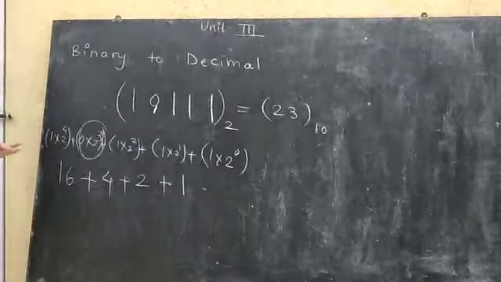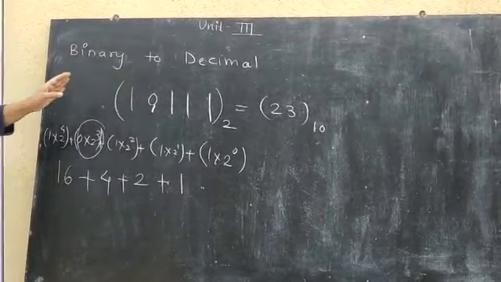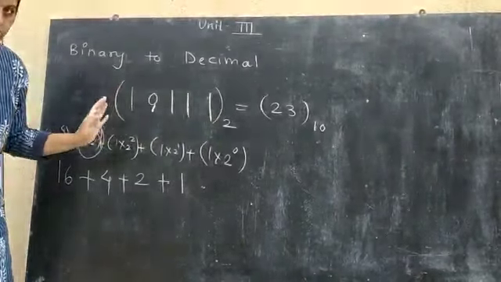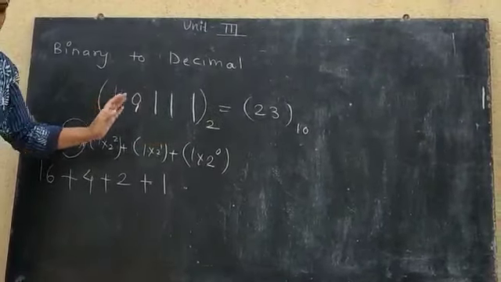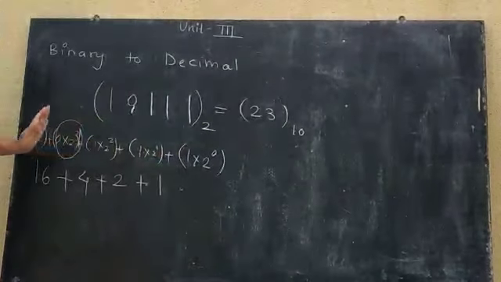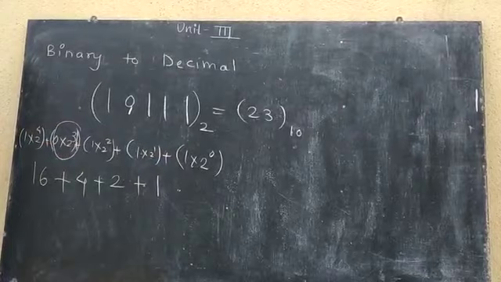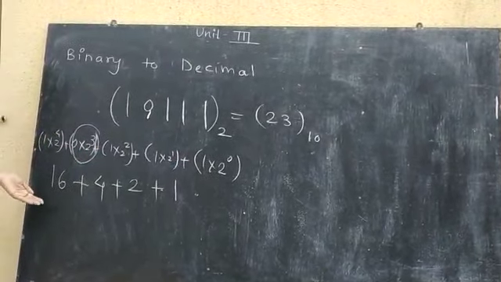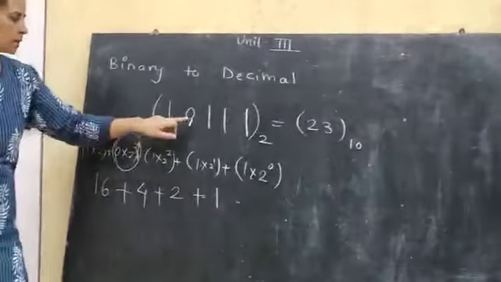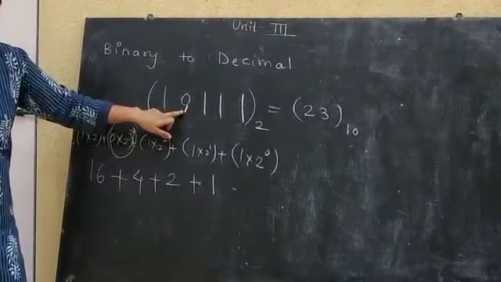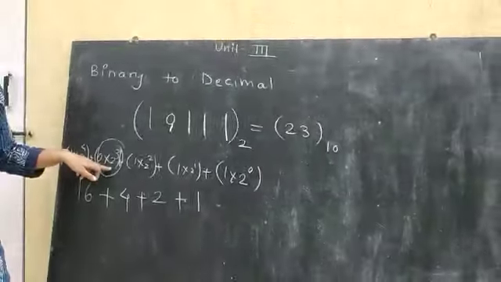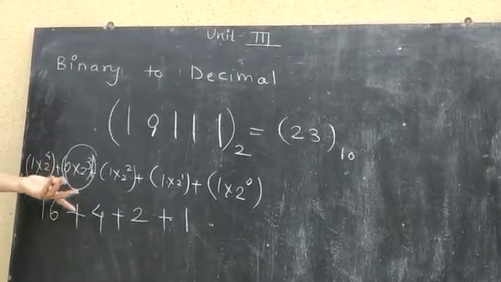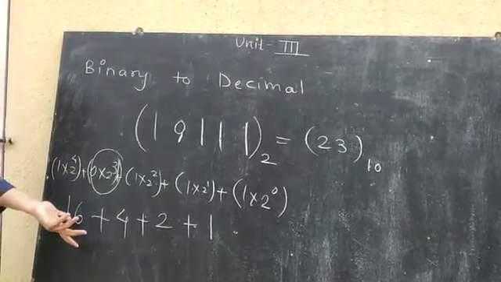The very simple way to convert this: there is no decimal point yet, we have discussed, right? So this is an integer. Directly go on increasing towards the left in increasing power of 2, and finally add it. Only discard the number which is representing 0, right? Because 0 into anything will be 0, so this will be 23.